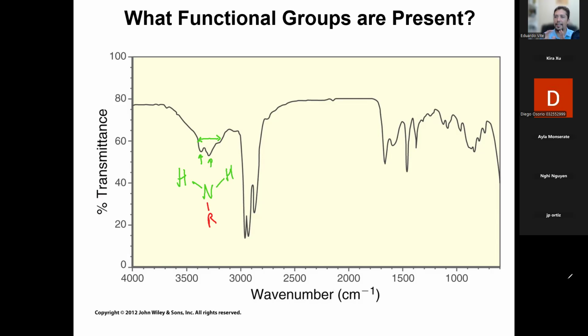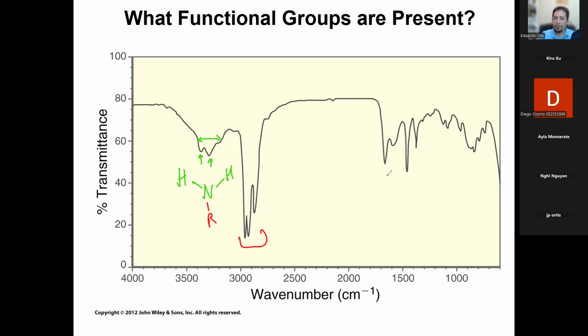The peaks are strictly NH stretches. What's this at 3000? What's this at 2800? What's all this? The CH bond. Those are the CH stretches, right? They're always there. You should be aware that they exist.